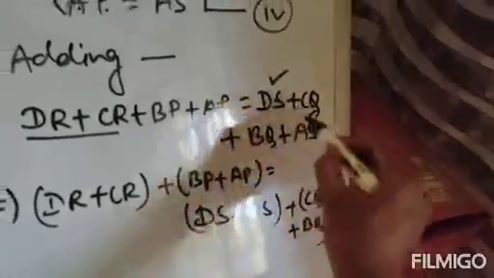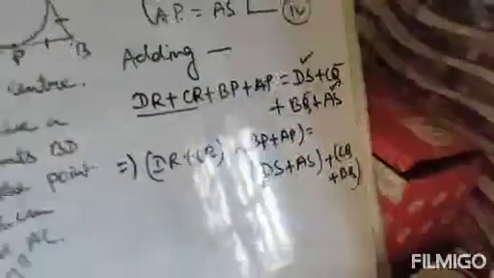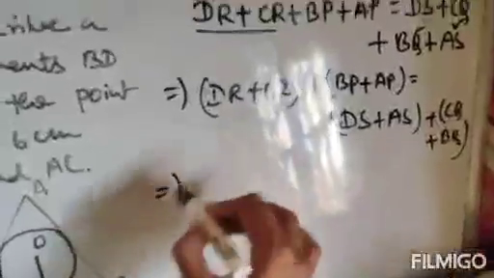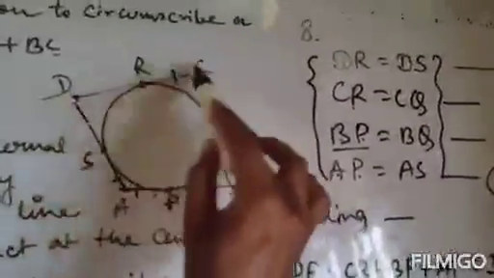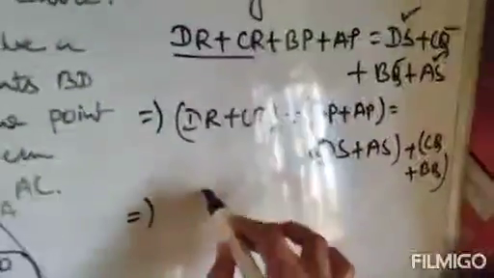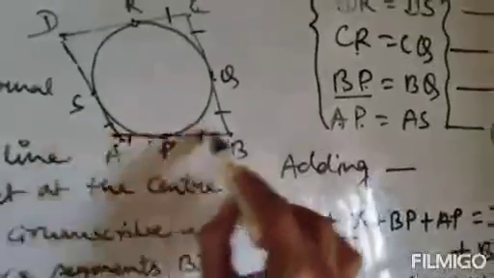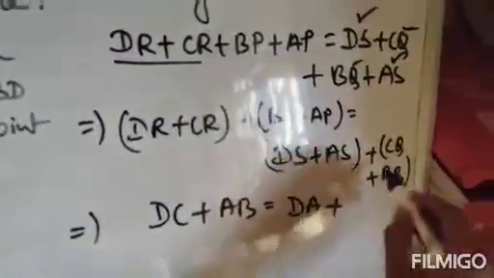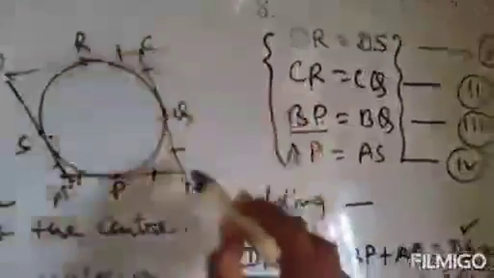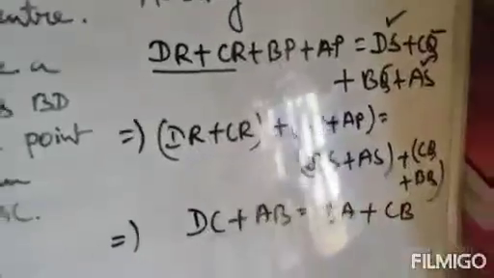Now DR plus CR means DC, plus BP plus AP means AB, equals DS plus AS, that means DA, plus CQ plus BQ, that means CB.